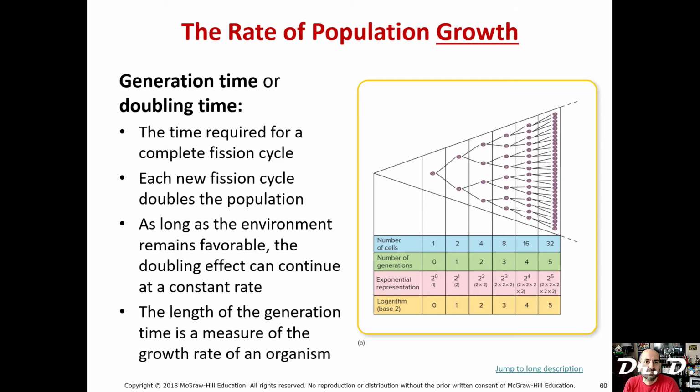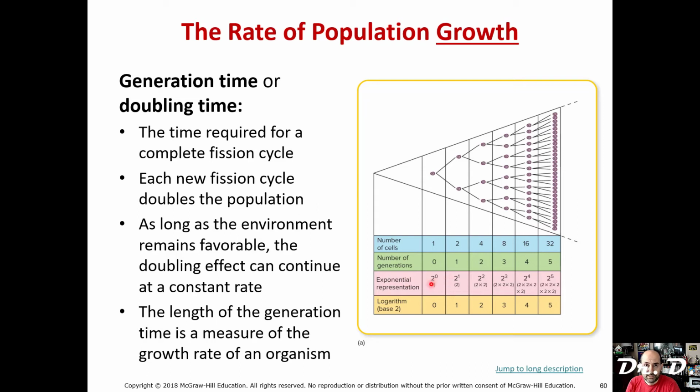If you had 1 cell and that cell doubled 4 times. Now you could just think about it logically. You could say, well, if 1 becomes 2, those 2 divide to give you 4. And you could think of it that way. Or you could use the simple equation of exponential representation here.